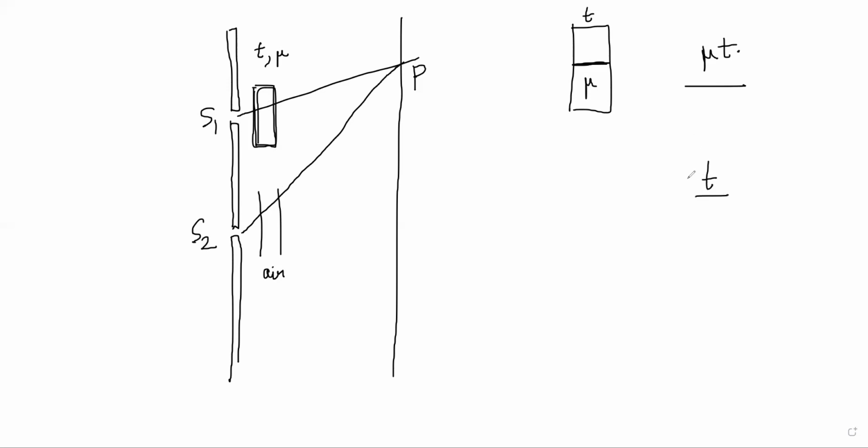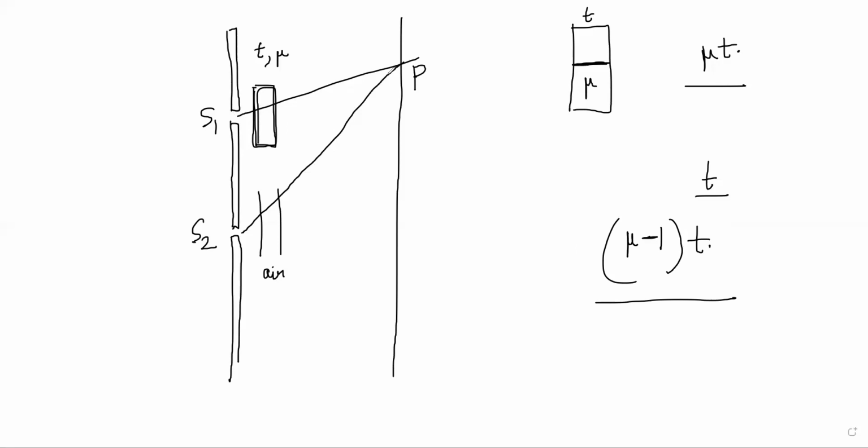So this has given this path an extra path length of mu minus 1 into t, which has been added to S1P, right?